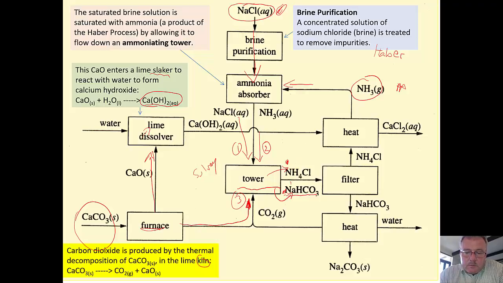So these two are then filtered, and one goes off to be heated and has the ammonia NH3 removed here, leaving calcium chloride, and your extra ammonia goes back into the process and starts again. It's added to the brine solution.